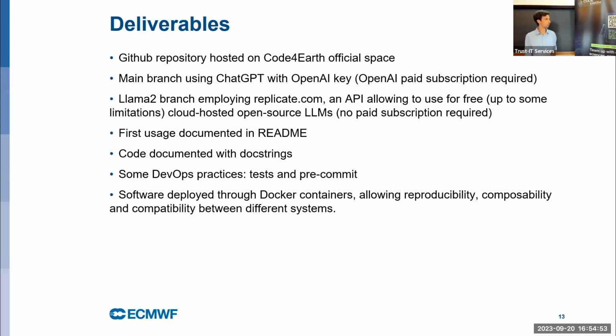One uses ChatGPT as a large language model, which employs the OpenAI API key, which requires a subscription. And then we also played with open source models. In particular, we have a branch that allows using very different open source large language models, which are cloud hosted, but with an API which is free, so no paid subscription is needed.